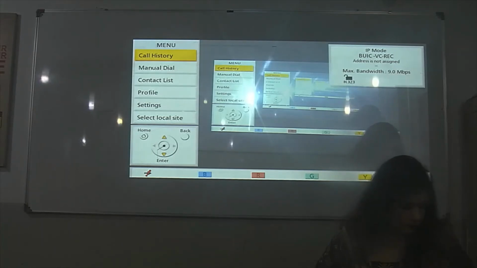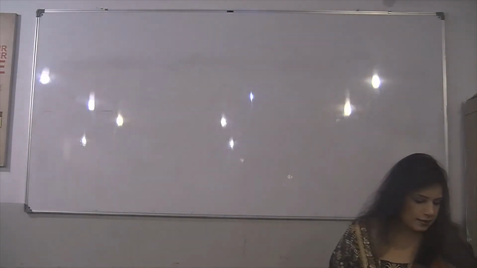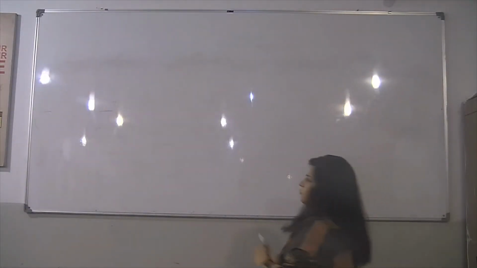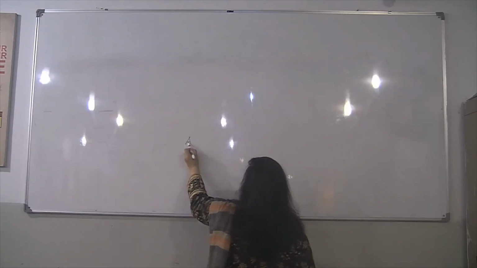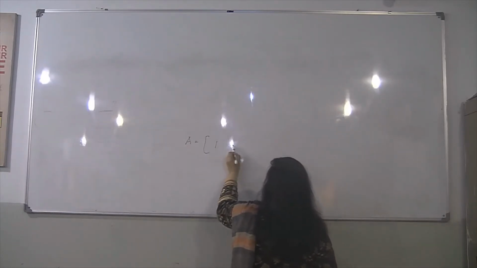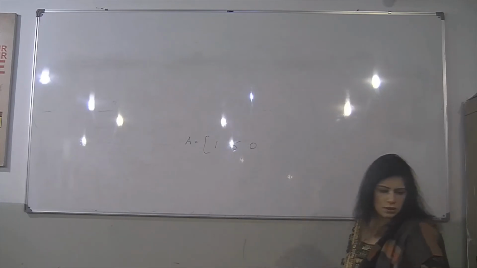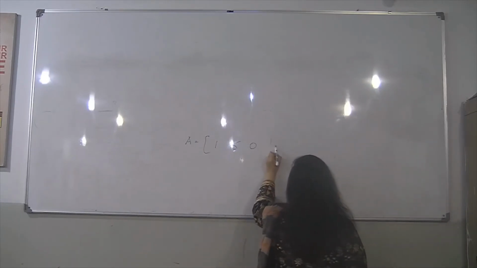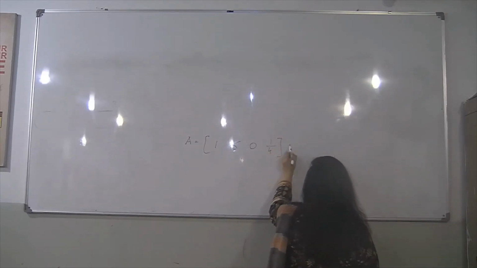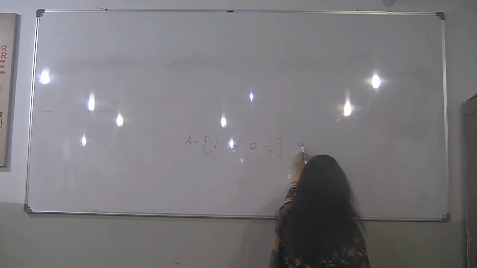Okay, so we have the first question as 1501 by 4. So A is 1, 5, 0, and 1 by 4. And they have given you this location.